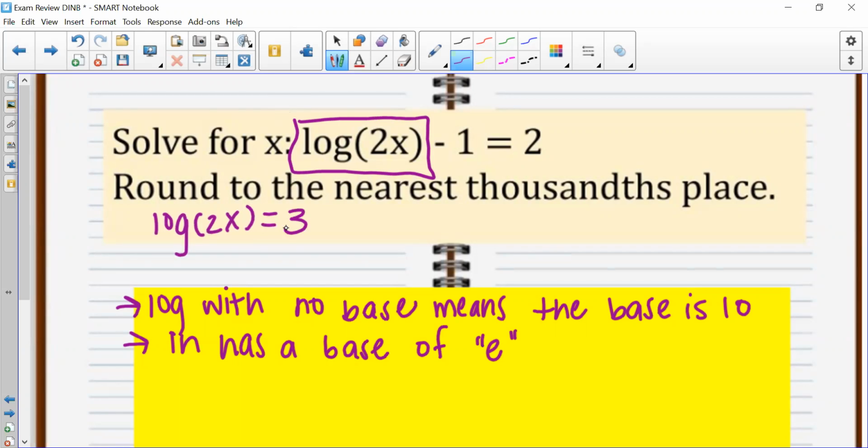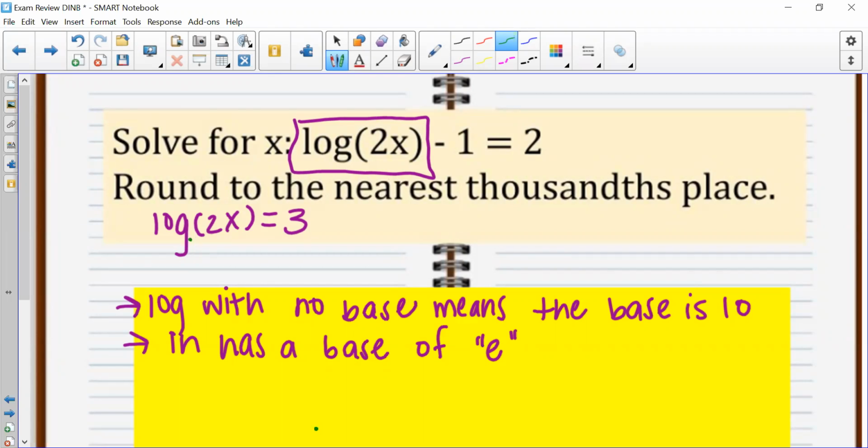If you look back at the first problem we did today on slide 9, we said if there's a log on one side only, which is what we have here, then we switch forms. To switch forms, we need the base, which is 10, because there's no base written.